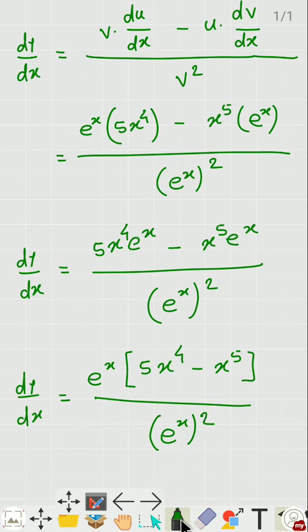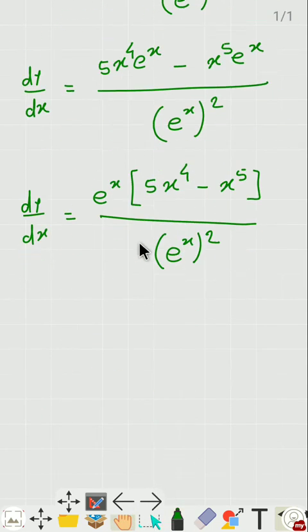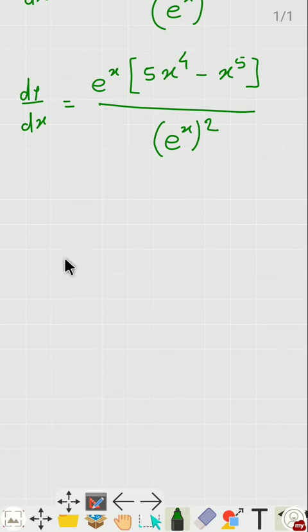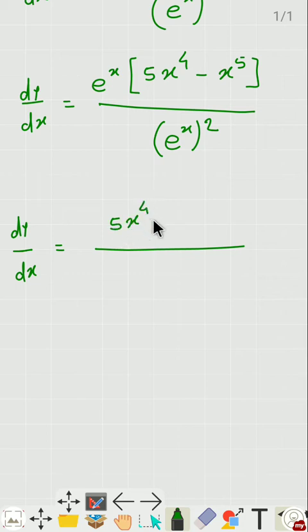In the next step we cancel this e raised to the power x, so finally we have dy by dx is equal to 5 times x raised to the power 4 minus x raised to the power 5 divided by e raised to the power x. This is our final derivative of the given function.